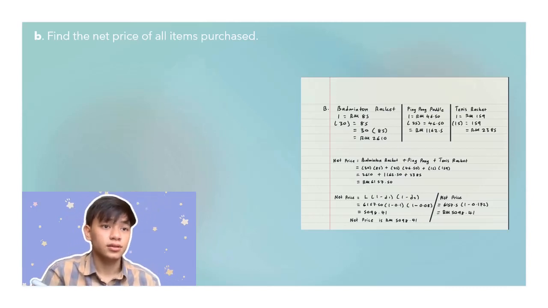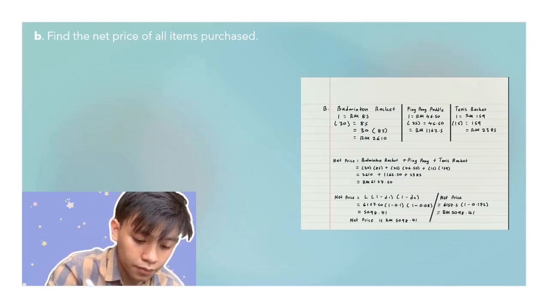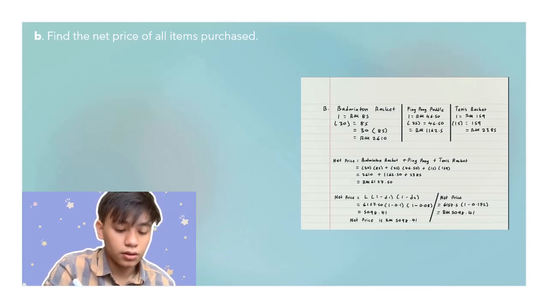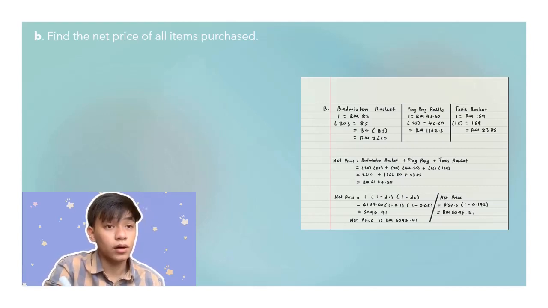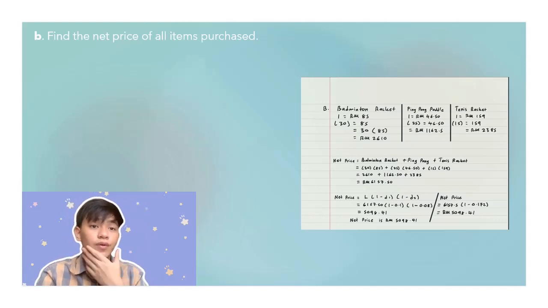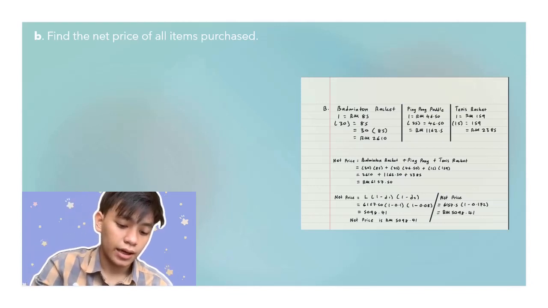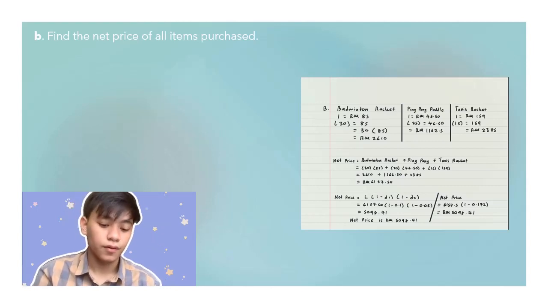We are using net price equals L open bracket 1 minus D1 and open bracket 1 minus D2 close the bracket. After that we can find the net price. L is the total price of all the items.